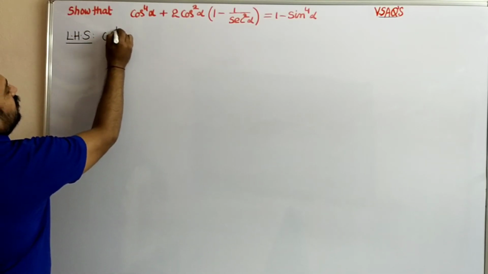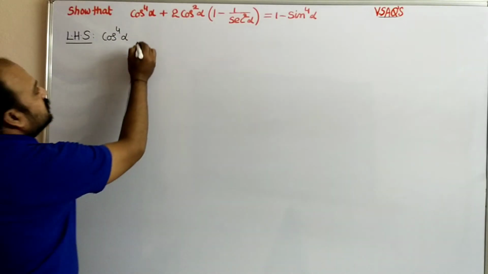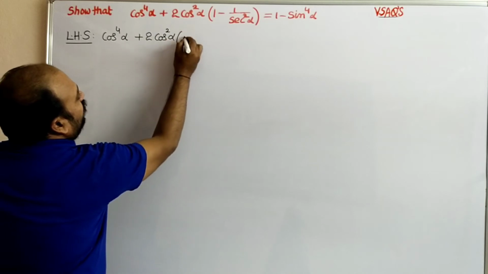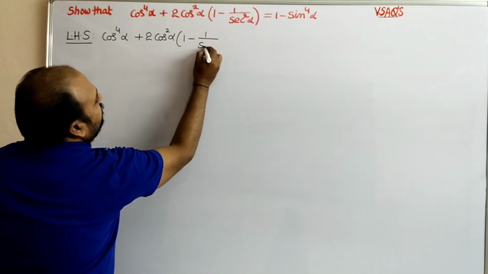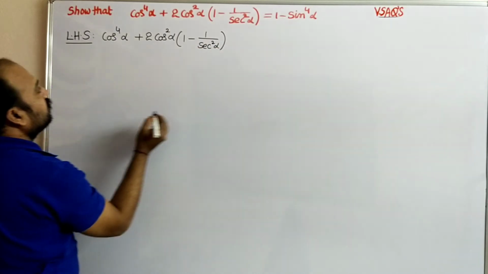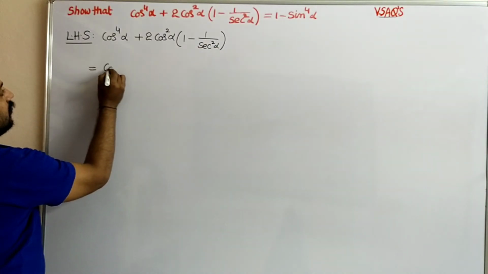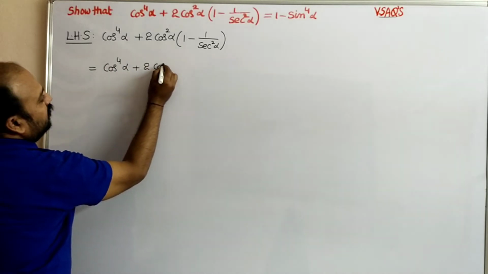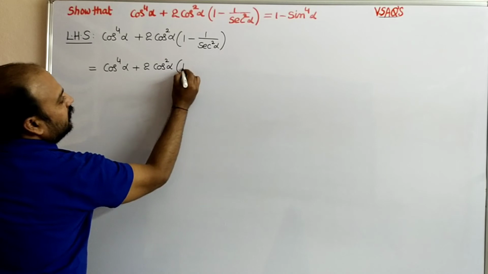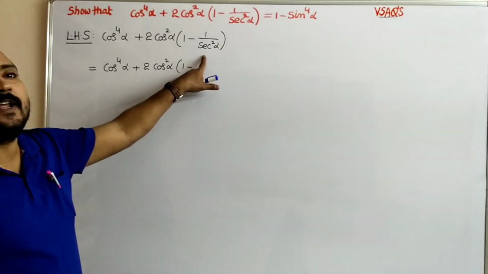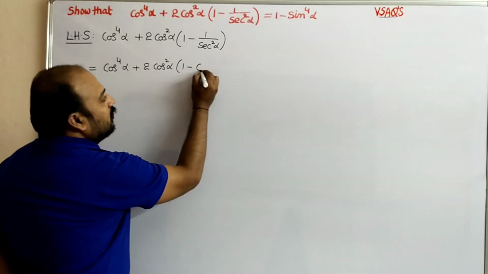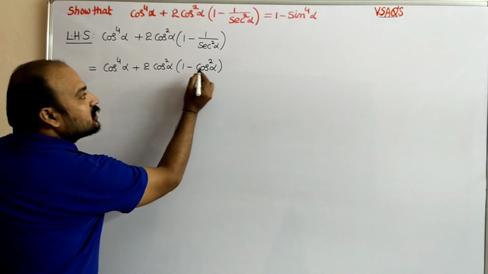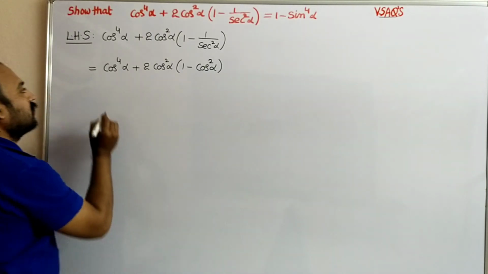Cos power 4 alpha plus 2 cos square alpha into 1 minus 1 by secant square alpha, which is equal to cos power 4 alpha plus 2 cos square alpha, 1 minus the reciprocal of secant, which is cos, so cos square alpha. 1 minus cos square alpha equal to sine square alpha.